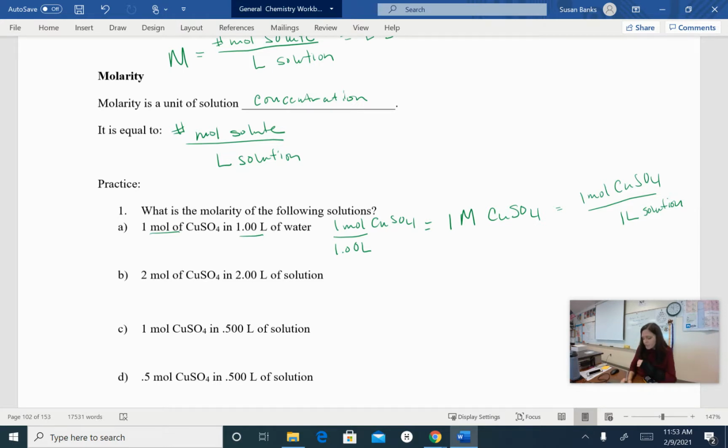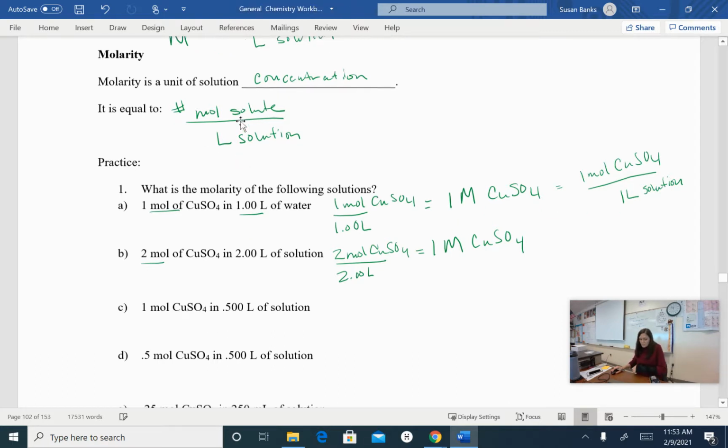Okay, now if I have 2 moles of copper 2 sulfate in 2 liters of solution, 2 divided by 2 is 1. So this is still the same concentration. So I would have 1 molar copper sulfate solution. All right?